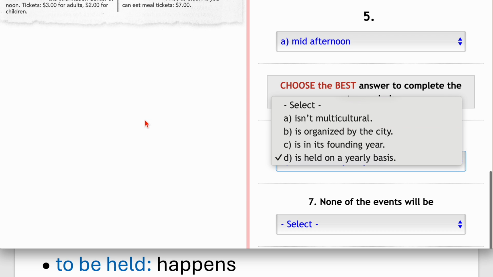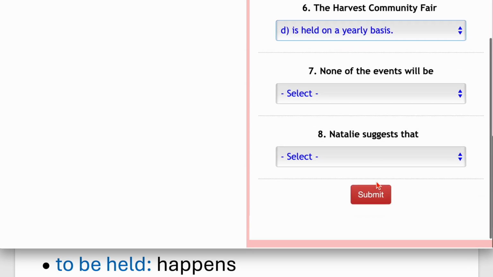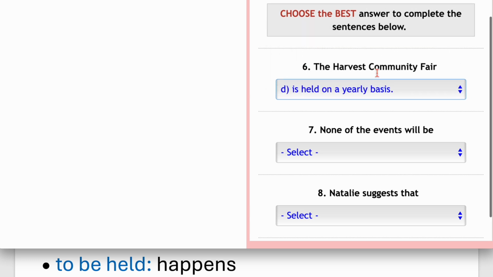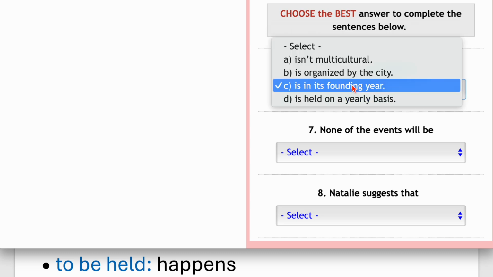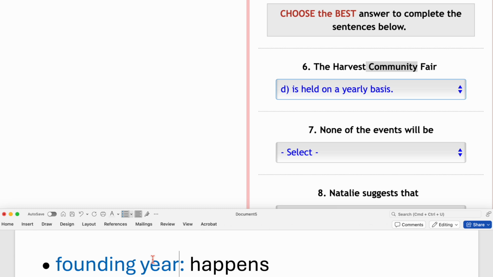No, because over here you can see the international fair from 20 countries, so cultural. And not by the city, it's organized by the community fair. Founding year, the first year it happens. The founding year of an event is the first year, okay? So there you go.